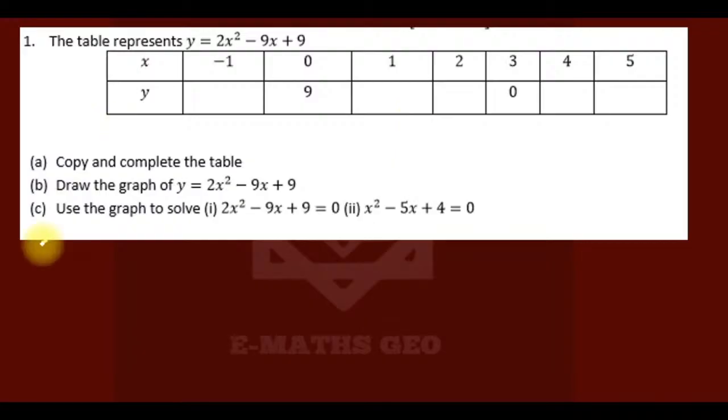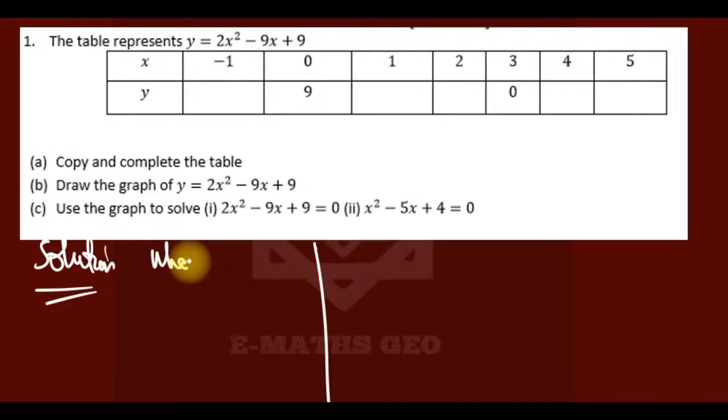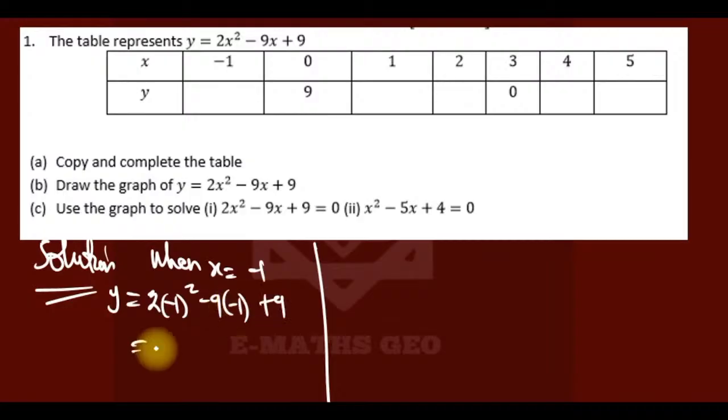When x is minus 1, one of the unknowns, wherever I see x, I call it minus 1. So y is 2 times minus 1 squared minus 9 times minus 1 plus 9. This is 2 plus 9 plus 9, so the value is 20. So for x equals minus 1, y is 20.